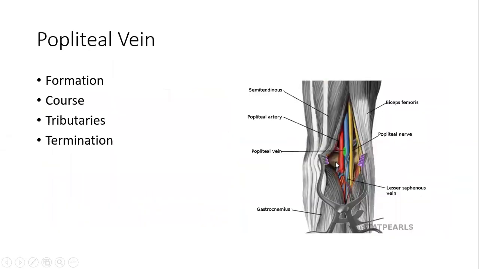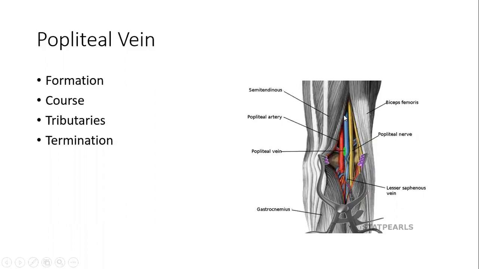Popliteal vein. Popliteal vein is formed by the venae comitantes that accompany the anterior and posterior tibial arteries. At the lower part of the popliteal fossa, its course is that it runs or ascends between the popliteal artery and the tibial nerve, and it continues to run between these two structures in most of its course.